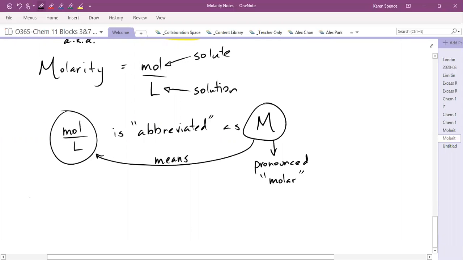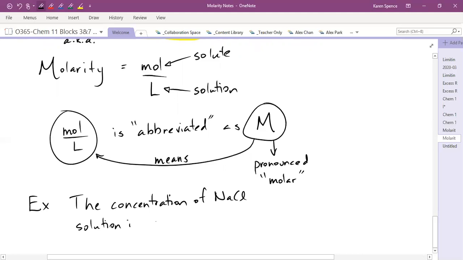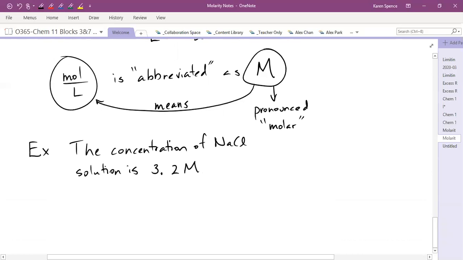So if we were to say, for example, the concentration of sodium chloride solution is 3.2 M, we would say that as 3.2 molar. This is how to say it.